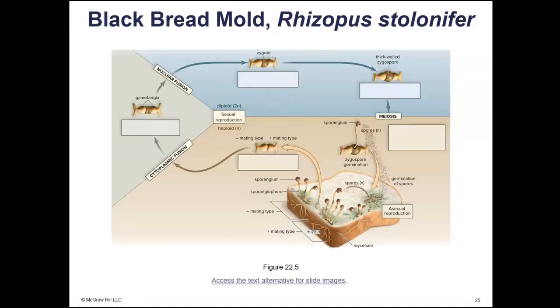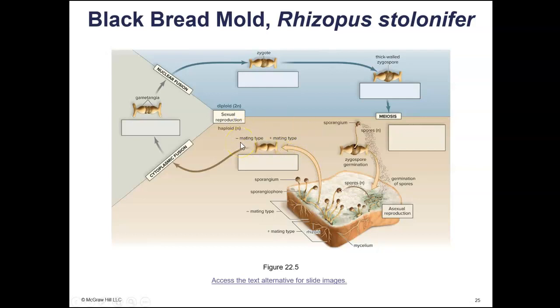Here's a picture of the life cycle. There's information throughout the slides and the reading on life cycles, but I don't focus on life cycles until we get to plants. Here's a picture of the spores, which are haploid, landing on bread and then germinating into hyphae. And then the hyphae of two different mating types.